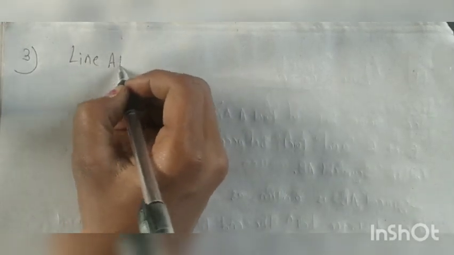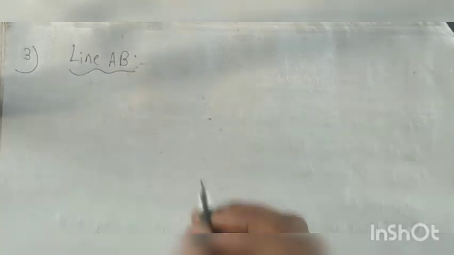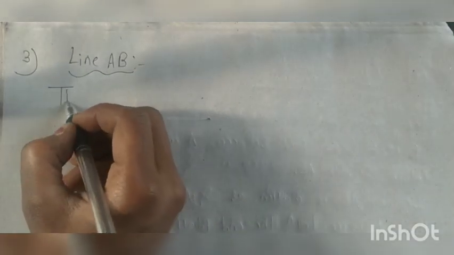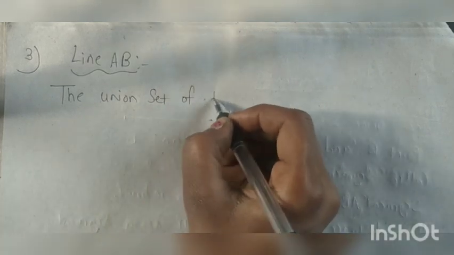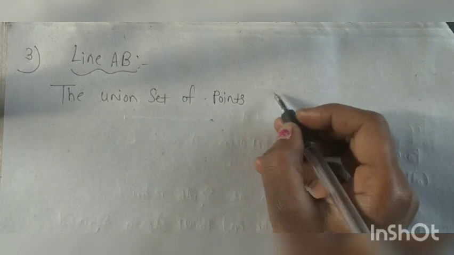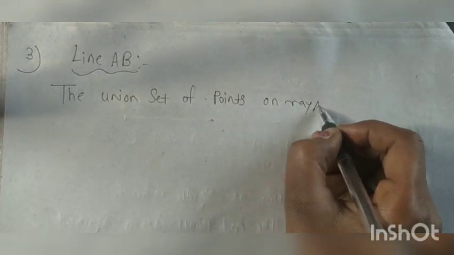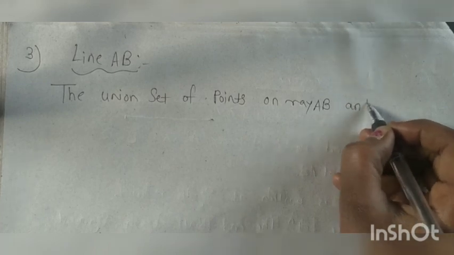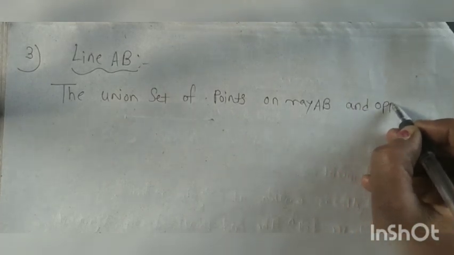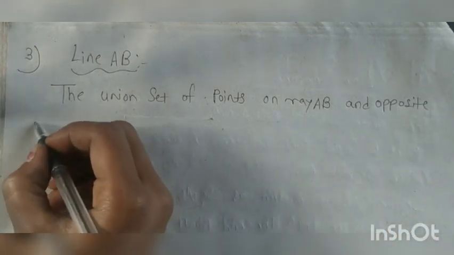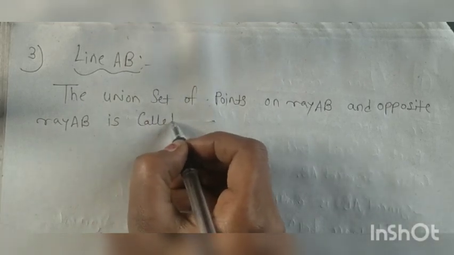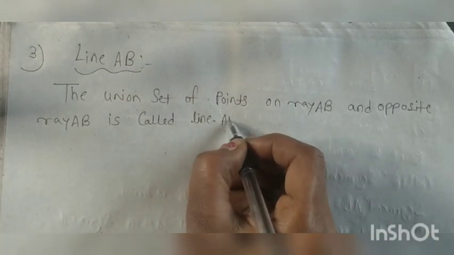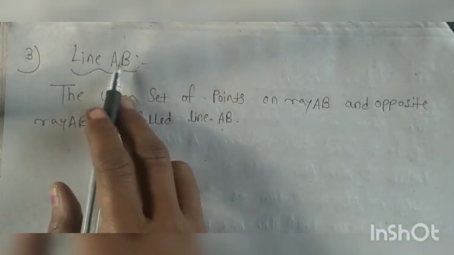Line AB. The union set of points on ray AB and opposite ray AB is called line AB. What is line AB?